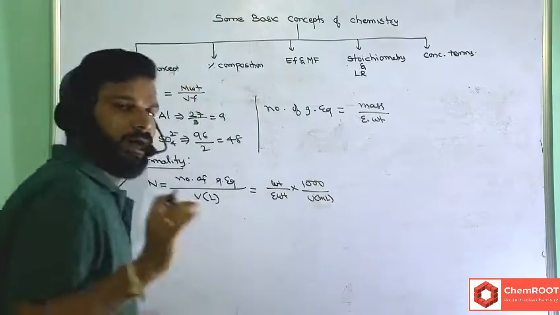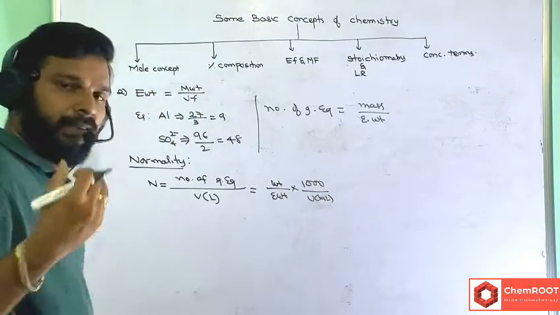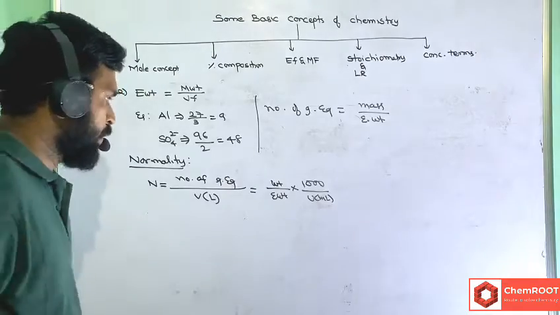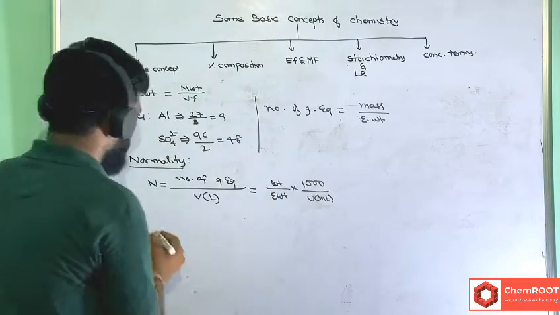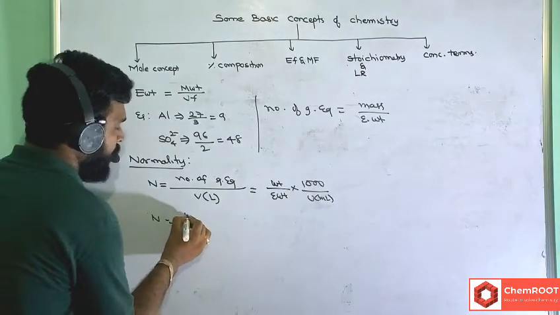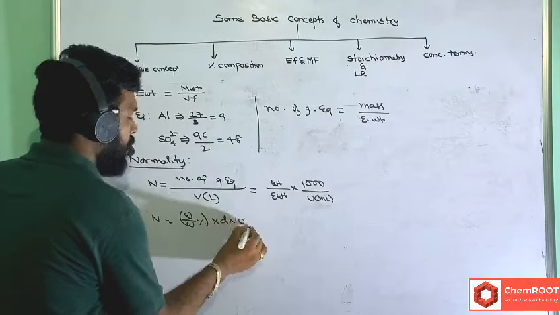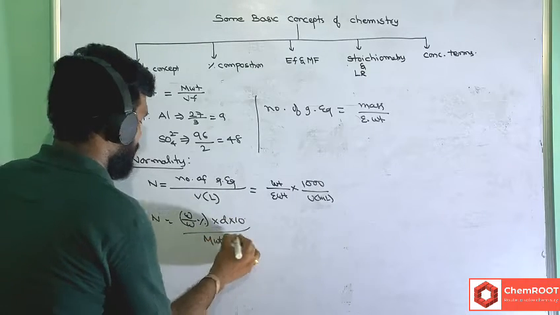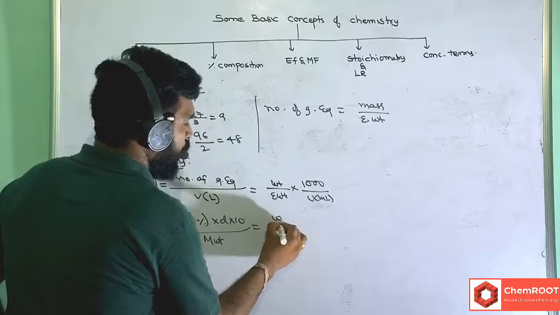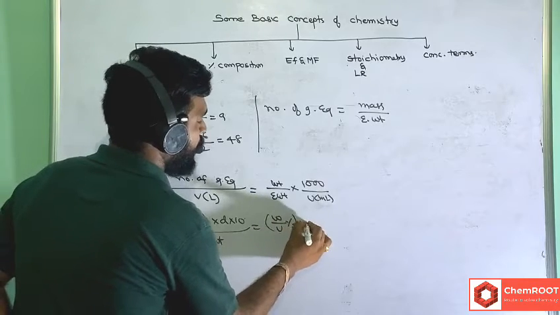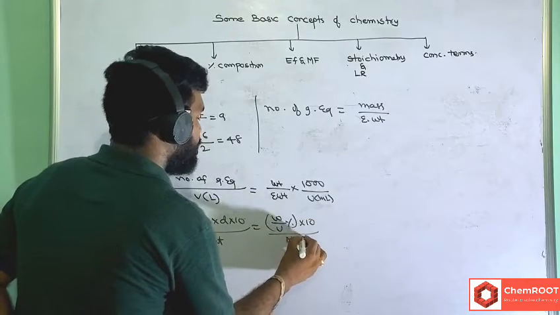It is similar to the molarity formula, but there we use molecular weight or molar mass, here we use equivalent mass. Okay. Same if they give weight percentage: weight by weight percentage into density into 10 by molecular weight. If they give weight by volume percentage, into 10 by molecular weight.